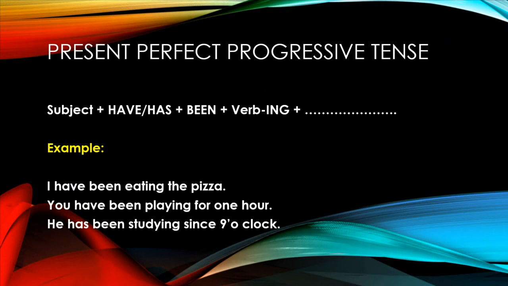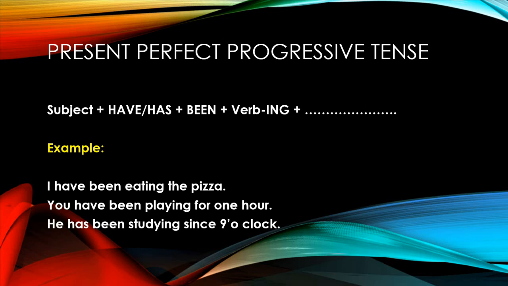Talk about present perfect progressive tense, which is also known as present perfect continuous tense. Before starting, I would like to give you the definition of this tense. This tense is used to express an action that started in the past and continued to present or just stopped.